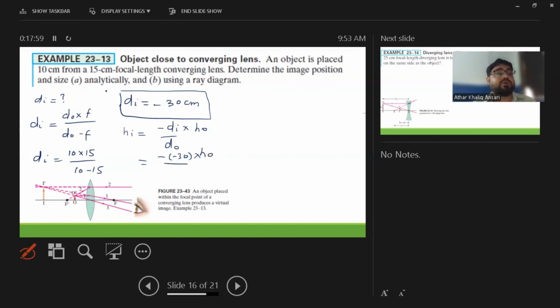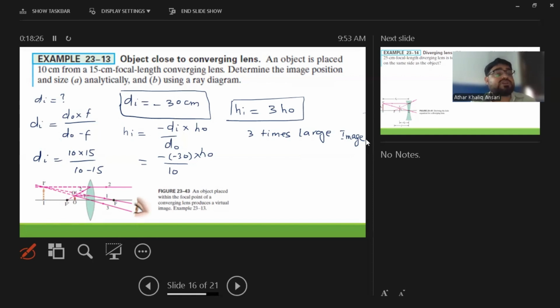Over what is DO? 10. So your answer is the height of the image is 3 times the size. So you can say the image is 3 times larger. So the image is 3 times larger than the object. So if the object is 1 centimeter, the image will be 3 centimeter. So we don't need a value, we can just justify the size.